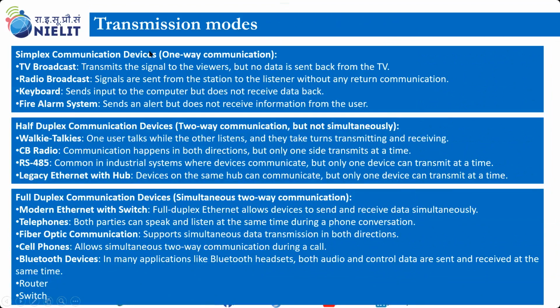So there are some examples. Simplex communication means TV broadcast, our TV remote, radio broadcast, keyboard. So whatever keystroke we are pressing is going to the processing unit, but the processing unit cannot send something to the keyboard.